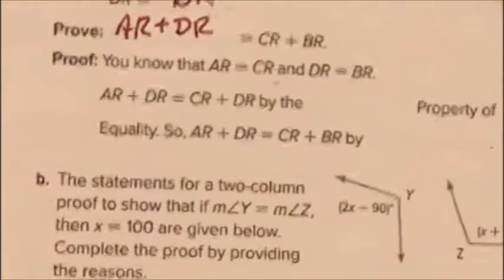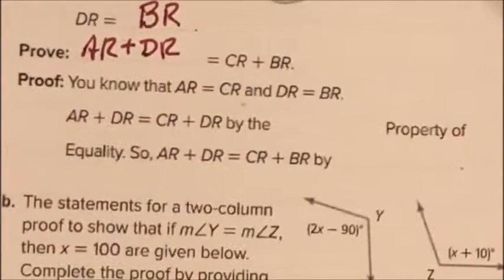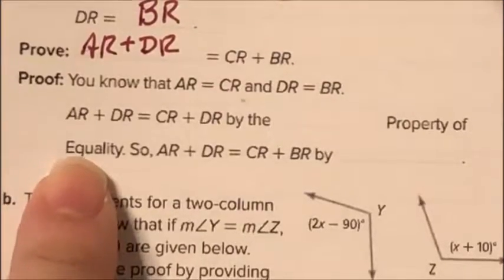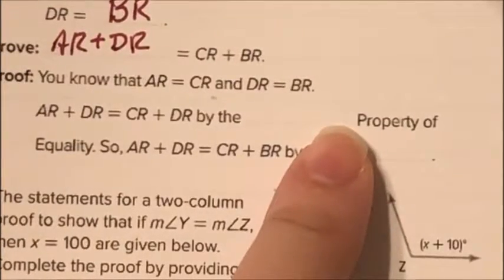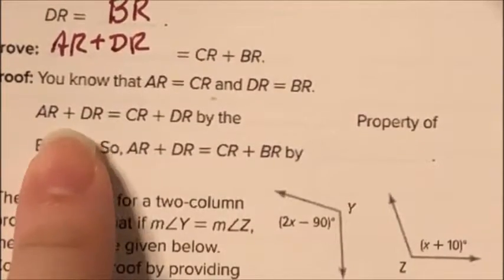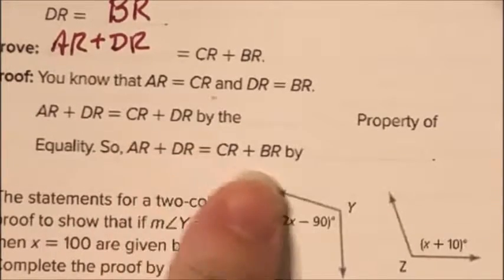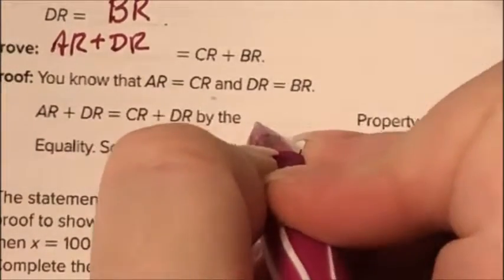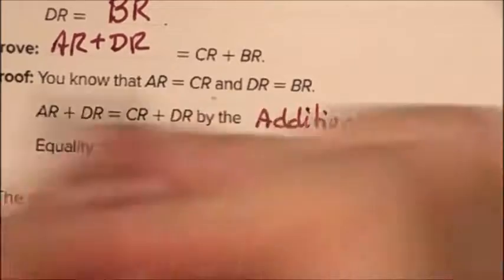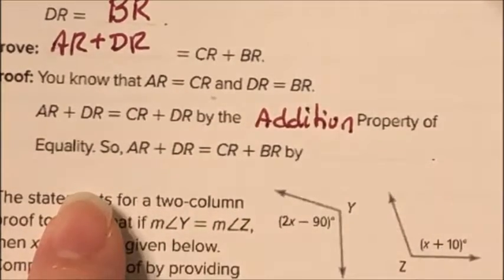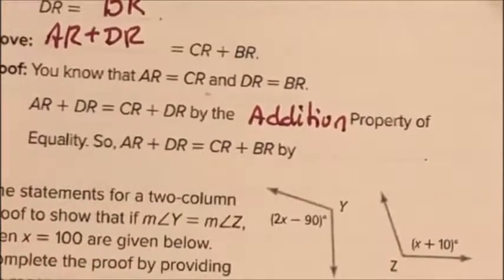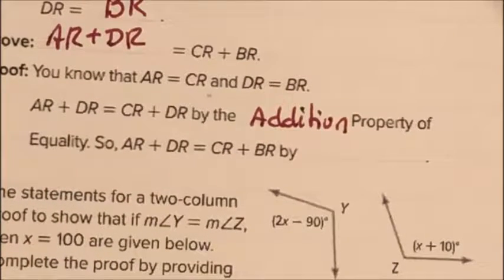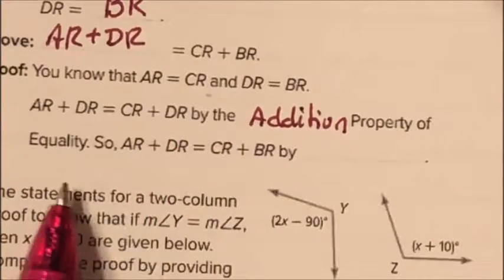So my proof: you know that AR equals CR and DR equals BR. That is given to us, right? So AR plus DR equals CR plus DR by the addition property of equality. Basically all I did was rearrange stuff.